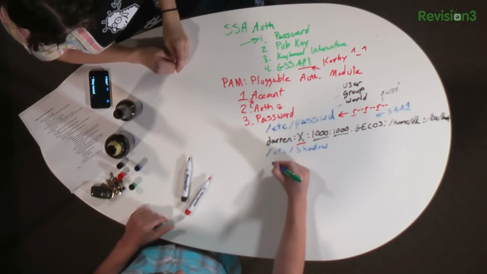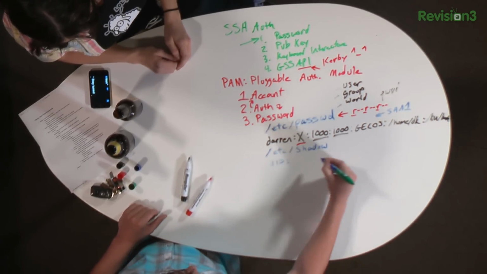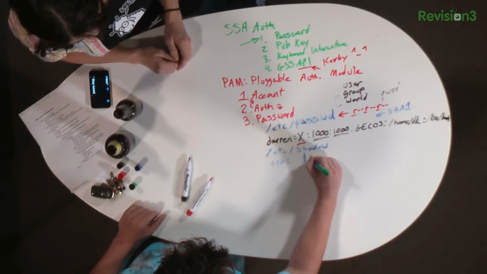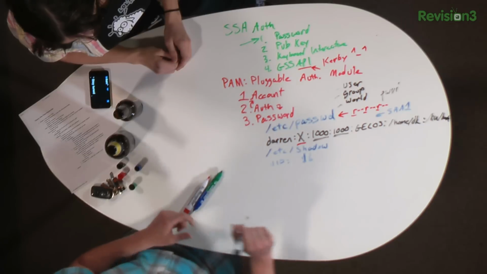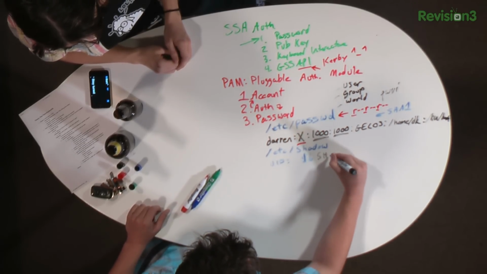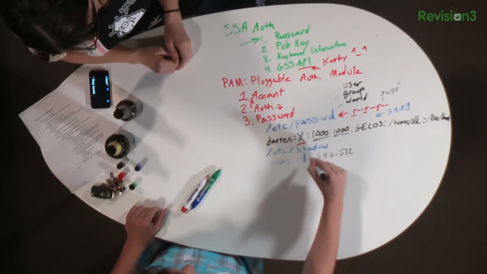So that's why we have this, because what you're going to find in here is your user ID and some other stuff. The gist of it, at least on mine, is I use this thing called $6, which is SHA, in my case 512, and everything's encrypted in this.